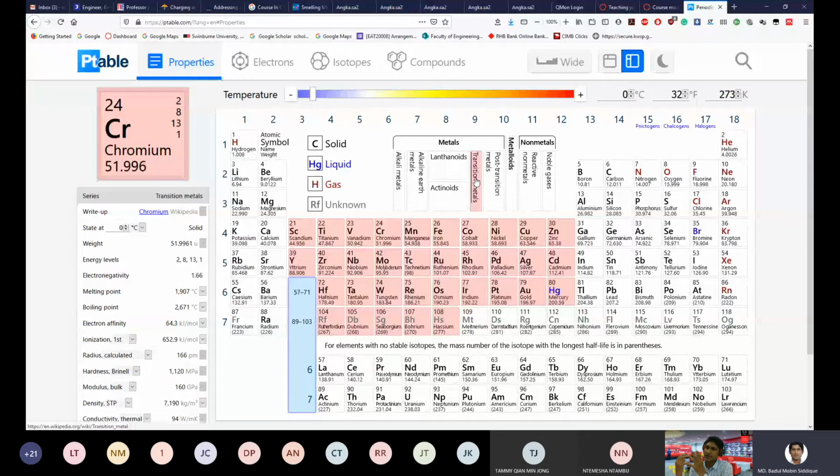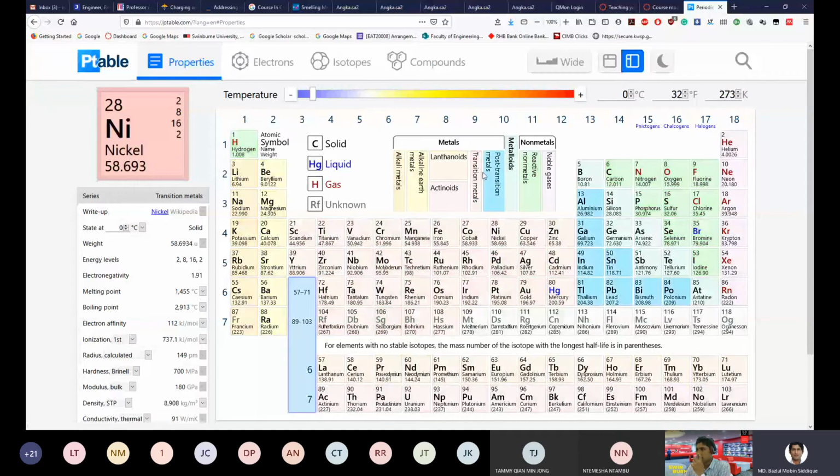They can have positive 1 up to positive 7. Any one of them can have many, not only one. Group 1 always has positive 1, and group 2 always has positive 2. But for the transition elements, all of them have multiple charges, called oxidation states.